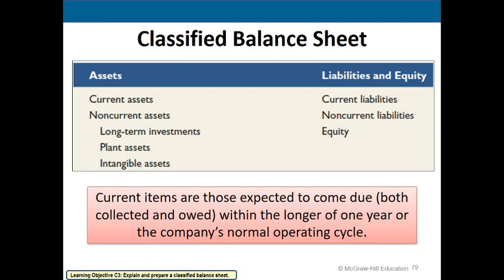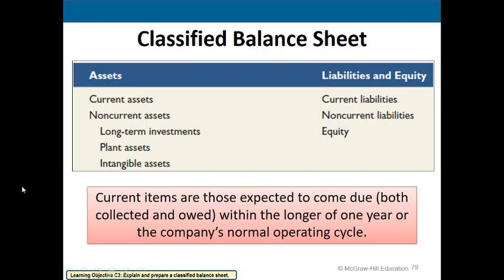And so for a company like that, their operating cycle of buying inventory, producing the product, selling it, and receiving cash from the customer is going to be over 1 year, maybe 18 months, maybe 2 years.